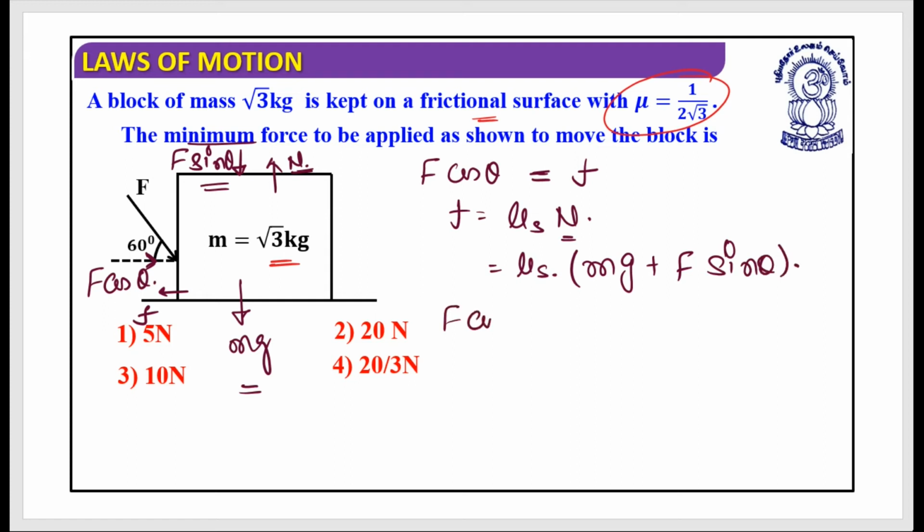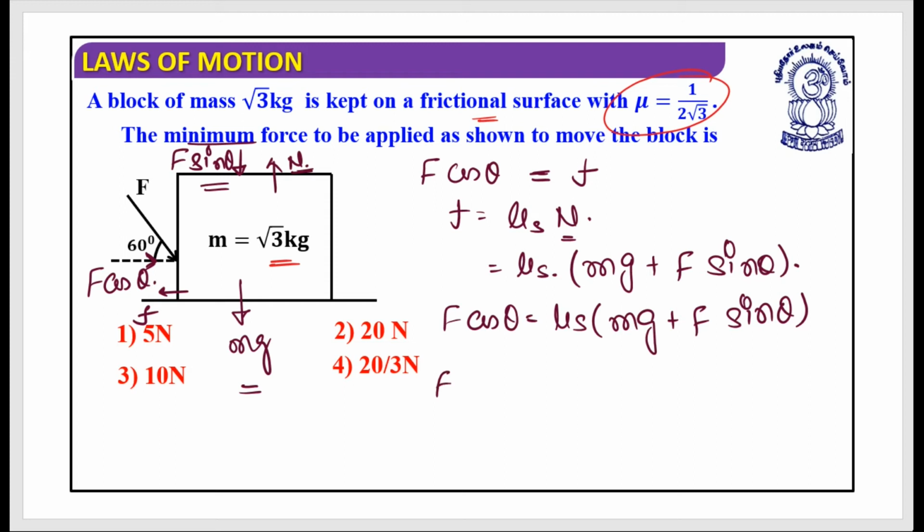So if F cos theta is equals to mu s into bracket mg plus F sin theta, then the block will move, and this is the minimum force required to be applied on the block.